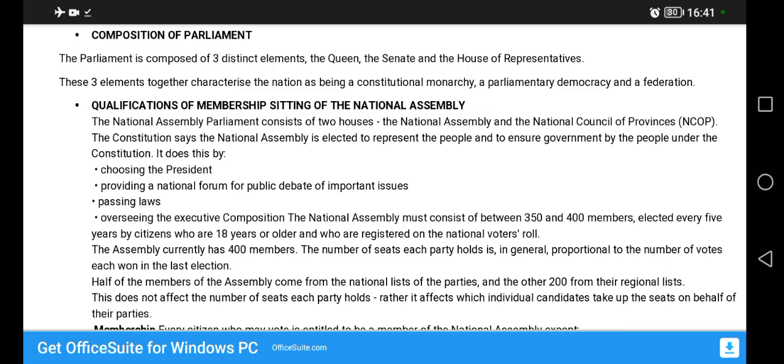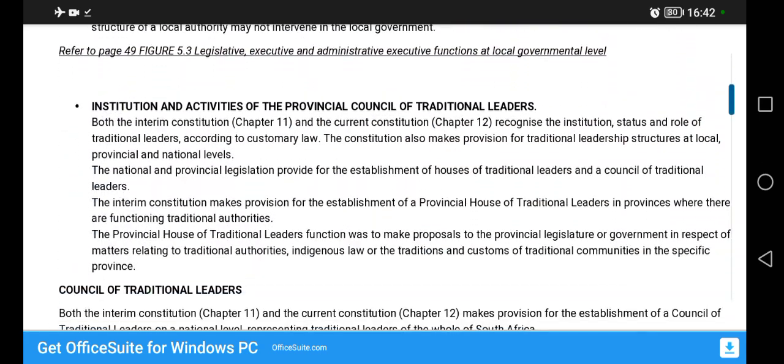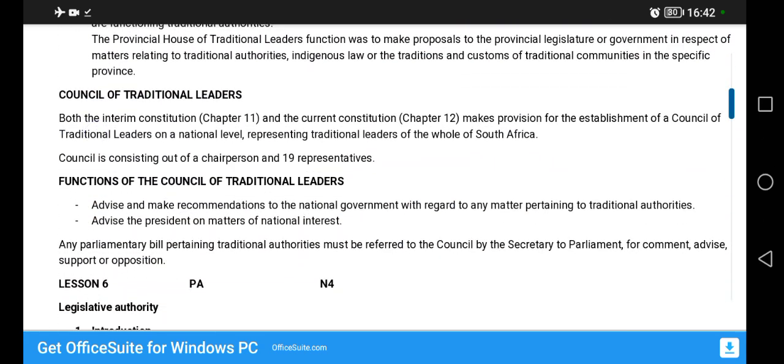The National Assembly chooses the president, provides a national forum for public debate, and passes laws. So they are the ones that pass the laws that the members in the traditional council come up with, when they say our people in the community say they want one, two, three. So they are the ones that pass those laws.